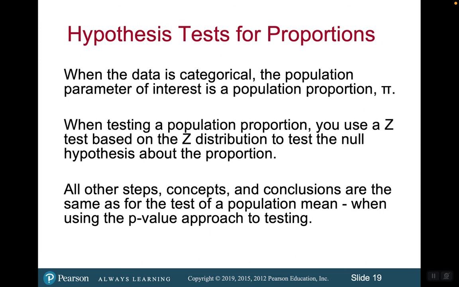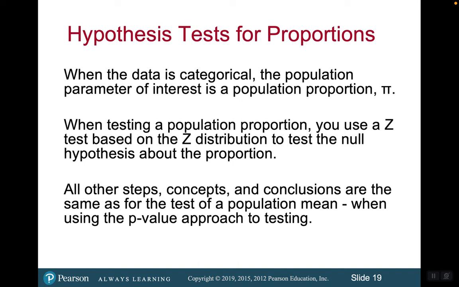So we were talking about doing this for the mean. The other thing we had talked about is doing the same thing for a proportion. If the data is categorical, remember we talked about categorical being the data type around characteristics, the population parameter is what we call the population proportion.